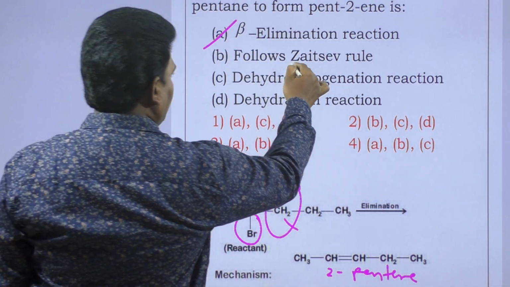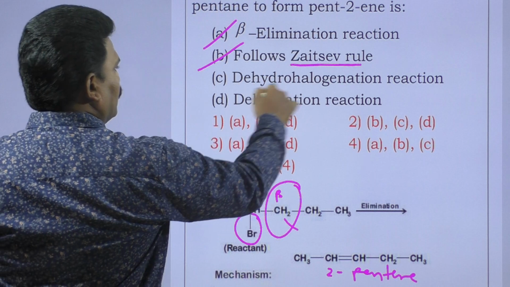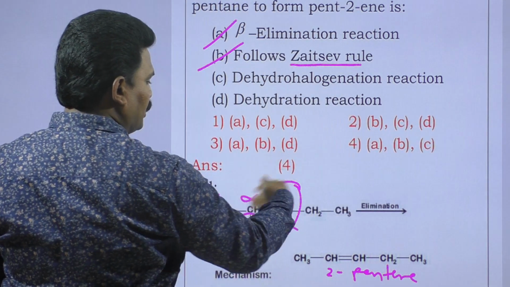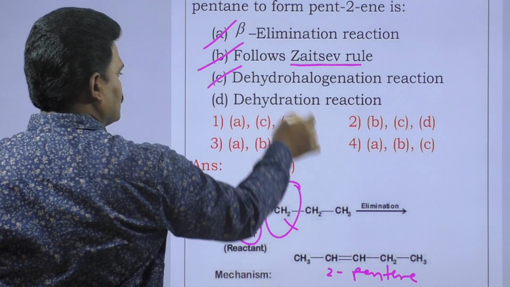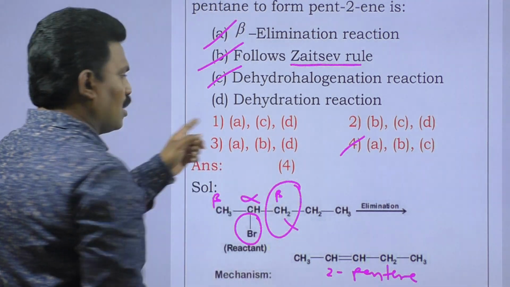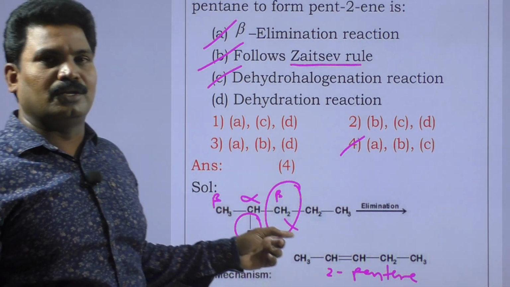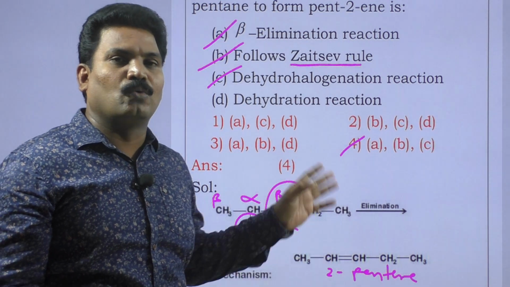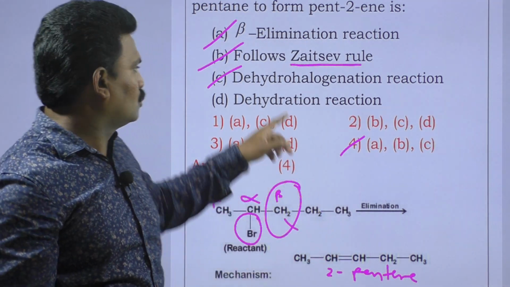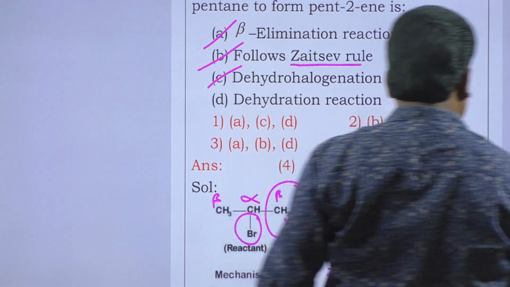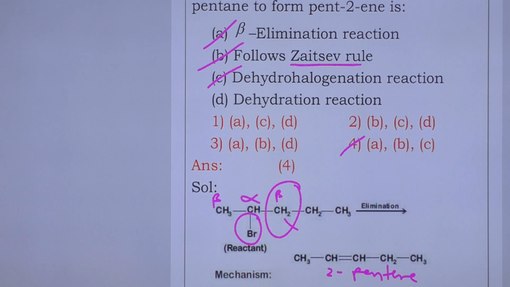It follows the Saytzeff rule. Dehydrohalogenation, because of elimination of H and Br. So A, B, C are the correct answer. Answer is 4. Not dehydration, because it cannot lose a water molecule. In this reaction it can lose only HX but not water. So A, B, C, option 4. Then I go to the next question.